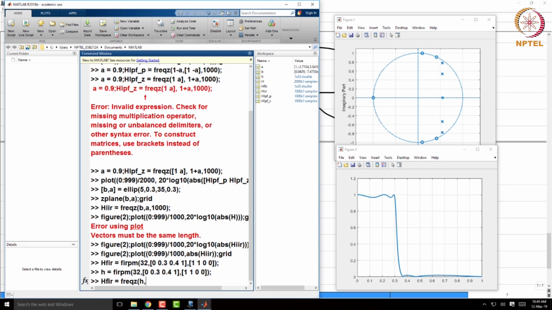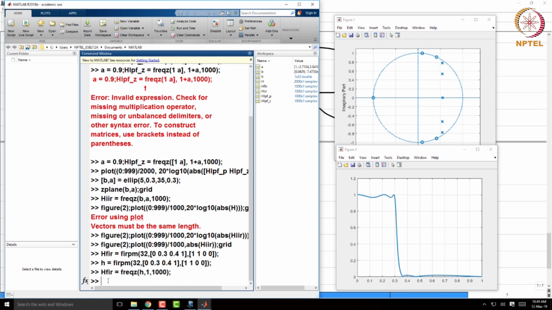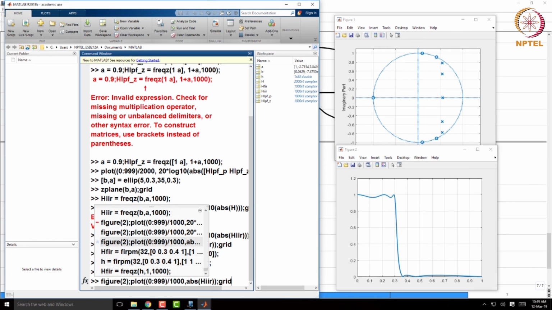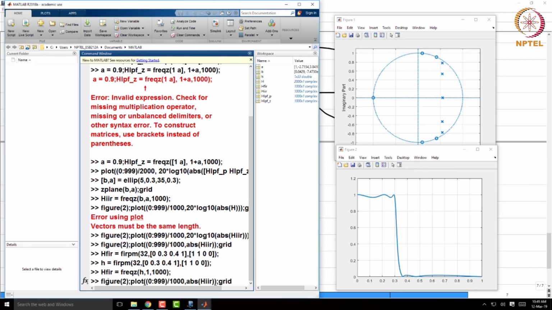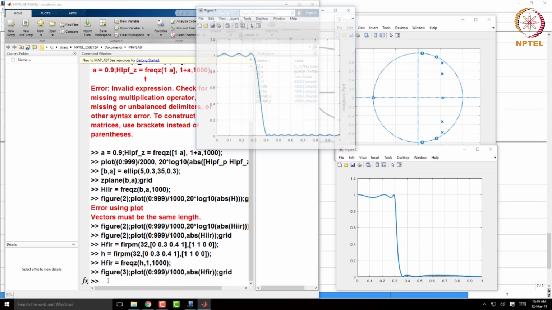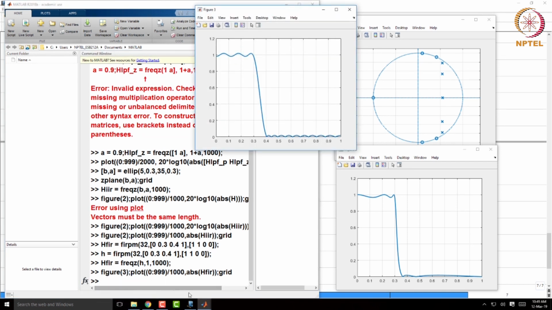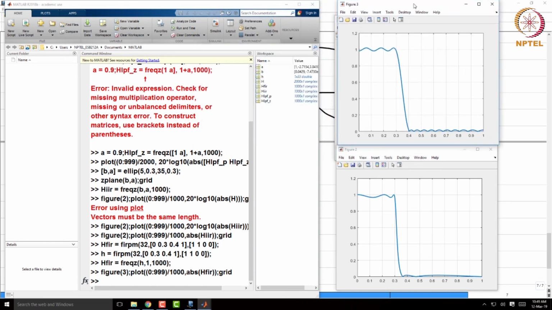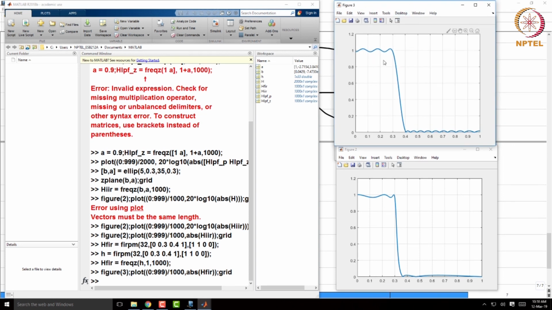So, the numerator polynomial is h itself, and the denominator is 1, and if I now plot this, you can see that these two are very similar. They have roughly the same pass band, transition band, and stop band.